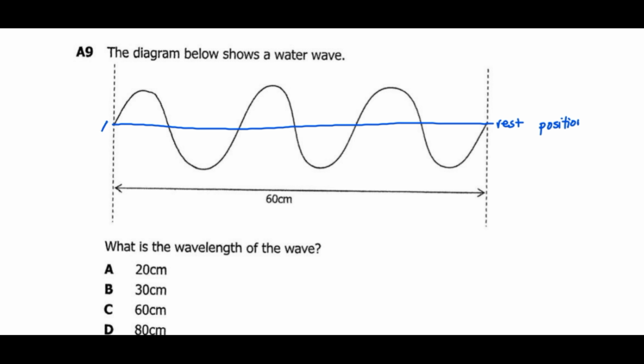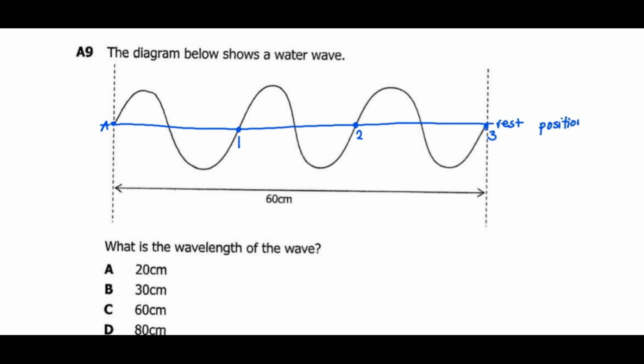If we start from here, we get one wave, then here we get 2 waves, then here we have 3 waves. So the total number of waves here is 3 waves, and 3 waves cover 60 centimeters.